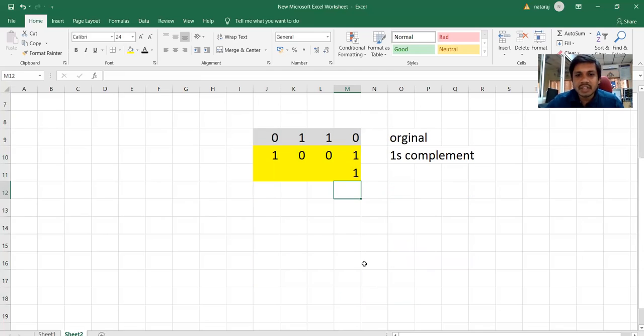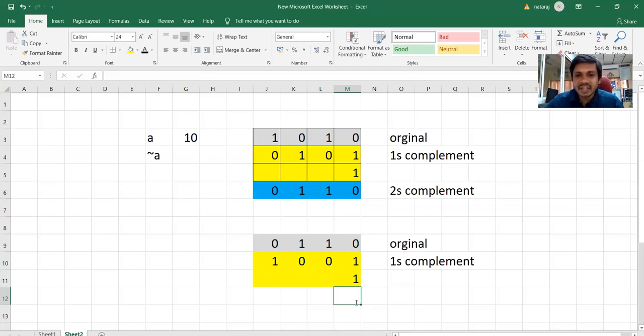So what is that? 1 and 1 is 0, carry 1. Then this is 0 and this is 1. If you observe this, it is again the original number, 101010.